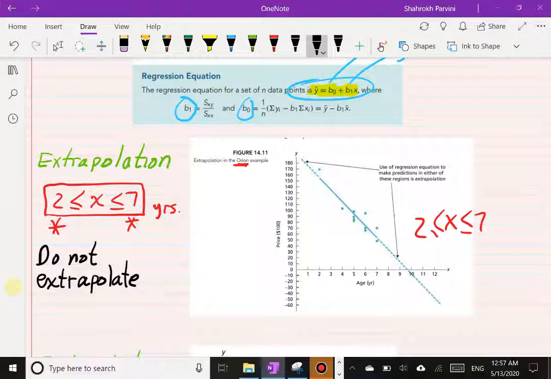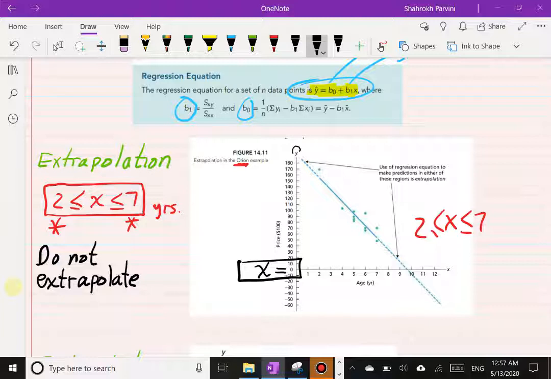Okay, so here you can see kind of a danger in extrapolation. For example, if I use the regression equation here to predict the price when x is 0, well, x of 0 means 0 age on a car, which means a brand new car. Well, that means the y-intercept.